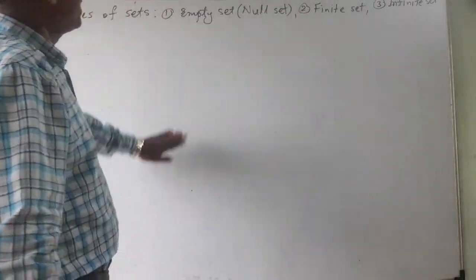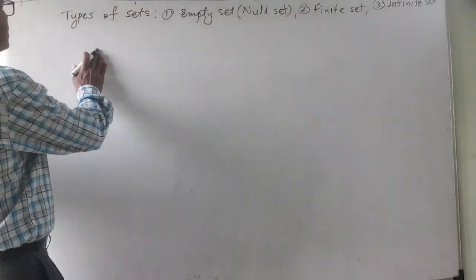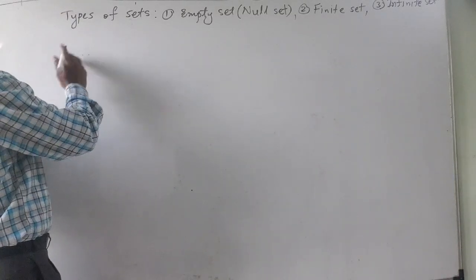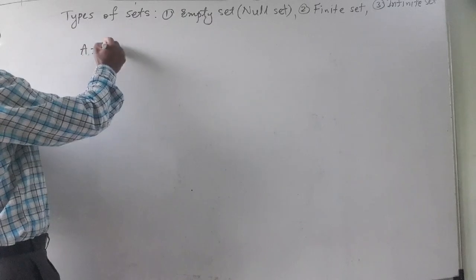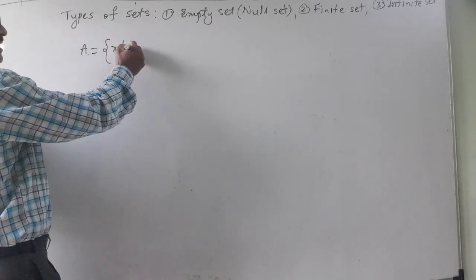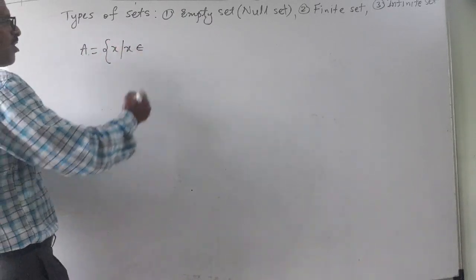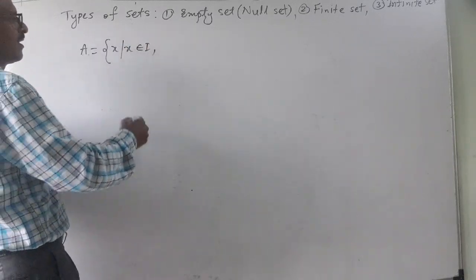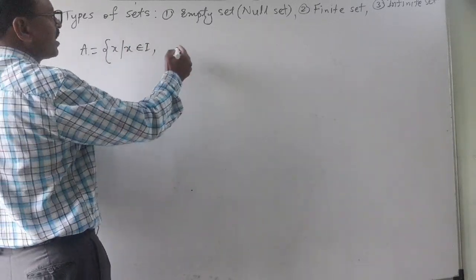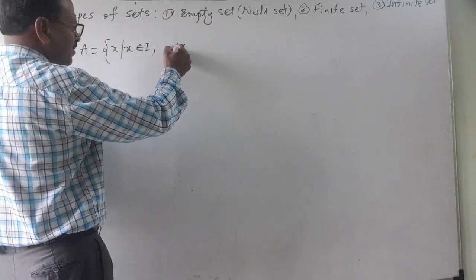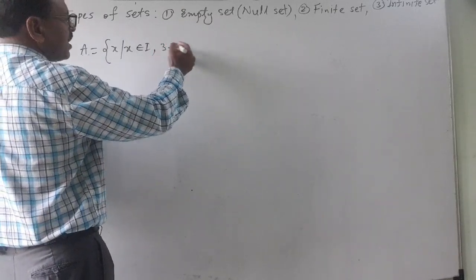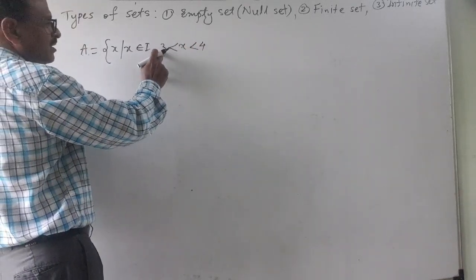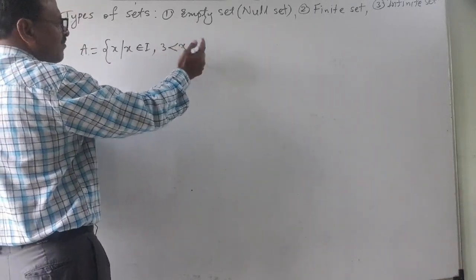Example, empty set. Suppose A is a set of all x such that x belongs to the integers, and this x is between 3 and 4, means greater than 3 and less than 4.